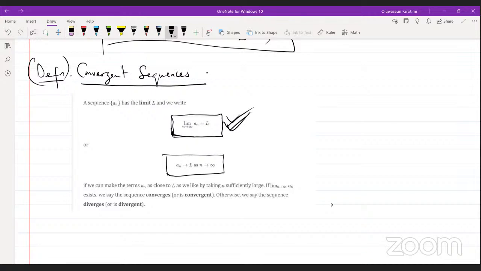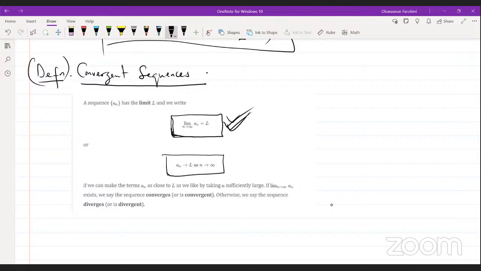All right, so if we make the terms closer to a certain limit as n goes large, what happens? Then that means this guy, can you see this guy? Say if we make the terms a sub n as close to L as we like by taking n sufficiently large, that's what this guy means. Okay, if this limit exists, then we say the sequence converges.